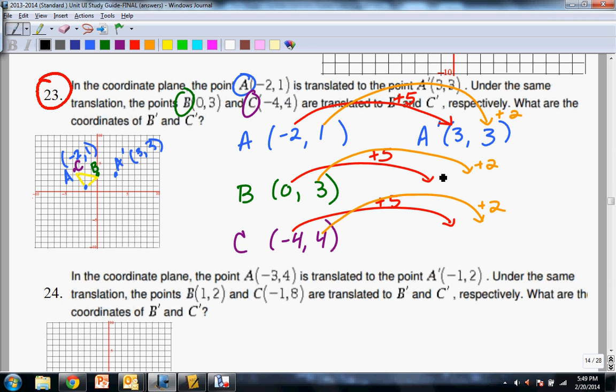So using that rule, find these new 2 coordinates, and you should see that we shifted this triangle 5 units to the right and 2 units up. So get those other 2 coordinates, close it up, make a triangle.